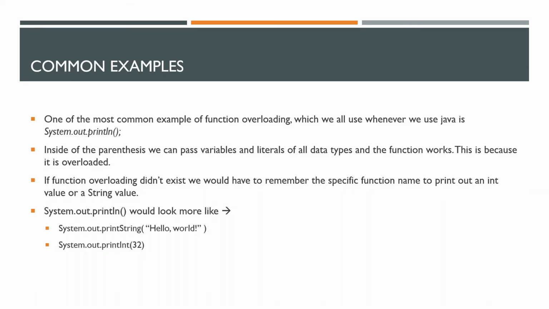Then instead of system.out.println, functions would be like system.out.print string, and then put a string inside of it, system.out.print int, and then you put the int value inside. And this way we literally have to remember 10 different functions for the same purpose, which is to print a certain value. And that's another example as to how function overloading makes our life that much easier.